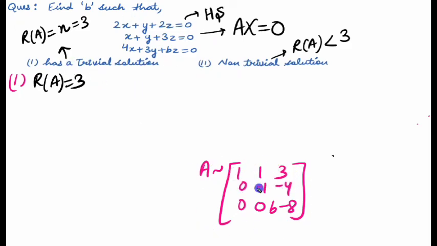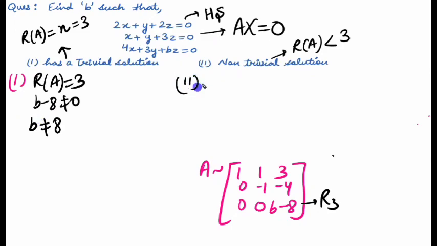If it will be having 3 non-zero rows. This is the first non-zero row, this is the second non-zero row and row 3 जो है उसे non-zero row बनना पड़ेगा। उसके लिए this B minus 8 should not be equal to 0. अगर ये क्वांटिटी B minus 8 non-zero हुई तब हमारे पास रो 3 non-zero रो बनेगी एंड देन रैंक ऑफ A would be 3. तो यहाँ से B पर कंडीशन क्या आई? That B should not be equal to 8.